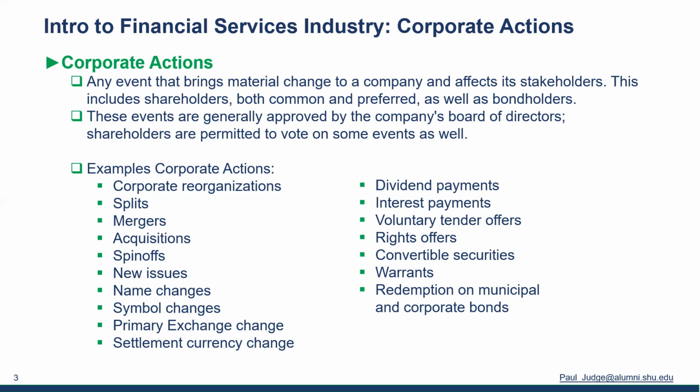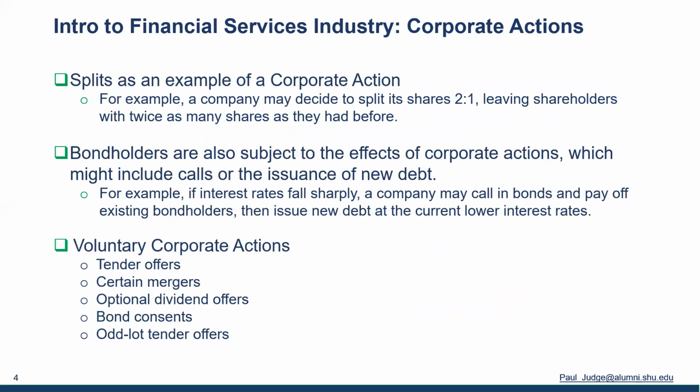All these things affect the underlying value of the asset, whether it's a bond, preferred, or a stock. So when these events take place, they're called corporate actions, and brokers are obligated to notify customers when these things happen. Now, some examples I have here.